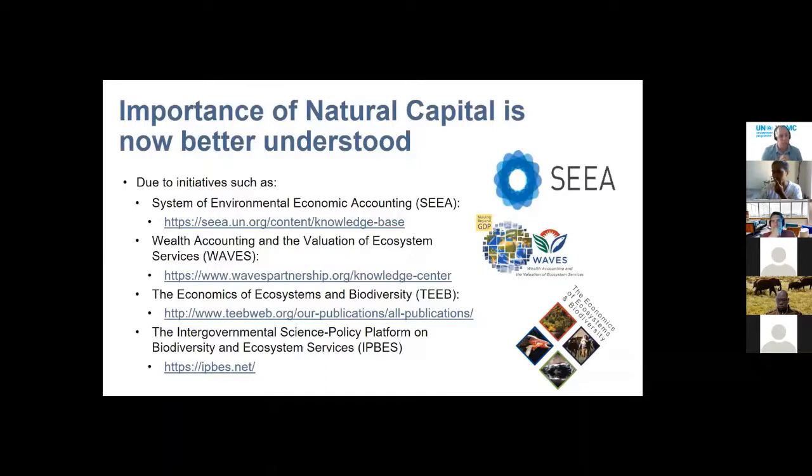There's also the World Bank Wealth Accounting and Valuation of Ecosystem Services initiative, which is using the SEEA and other valuation approaches to inform planning. There's The Economics of Ecosystems and Biodiversity publications, and there's the IPBES process as well. So through these initiatives, there are repositories of case studies and publications that may be useful to draw on when doing a natural capital assessment.